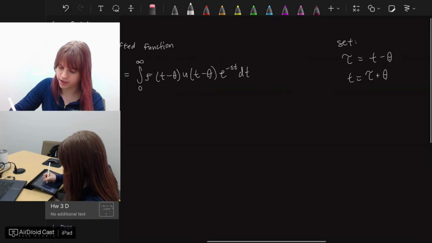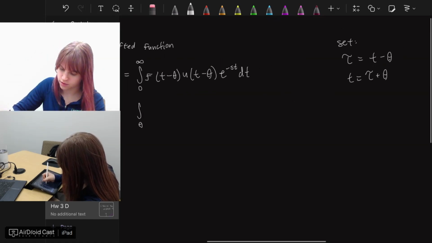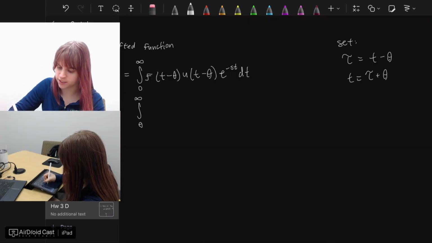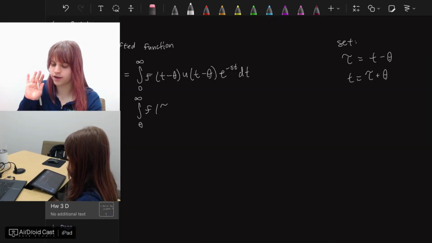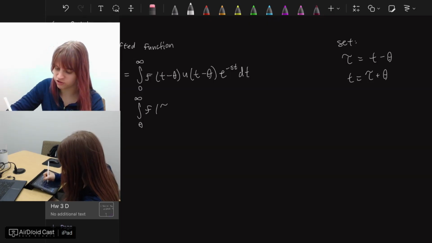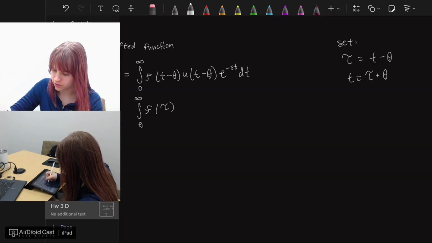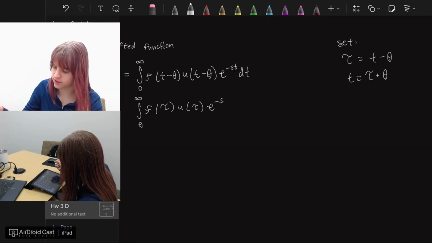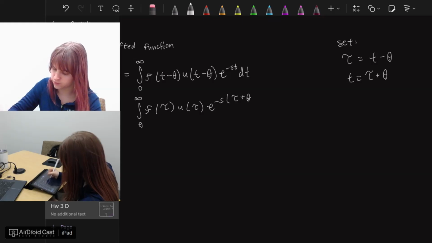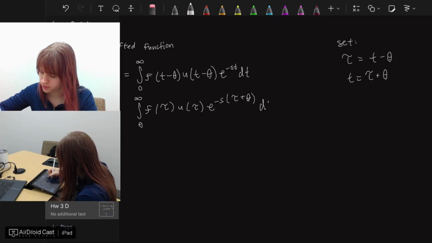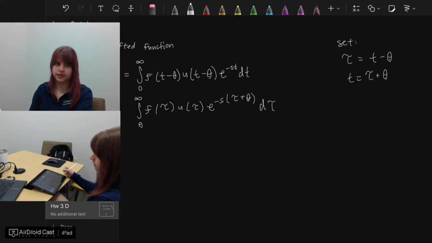So then we can rewrite this from theta to infinity. We have f of tau, same thing for this u, and we have e to the negative s(tau plus theta), and this should be d tau this time.